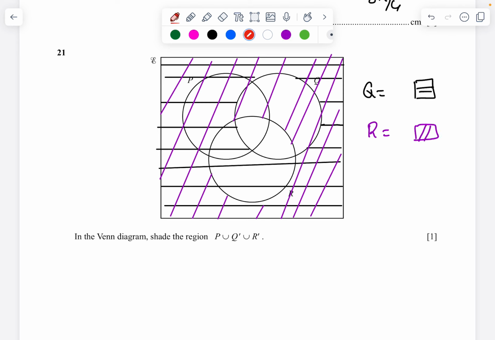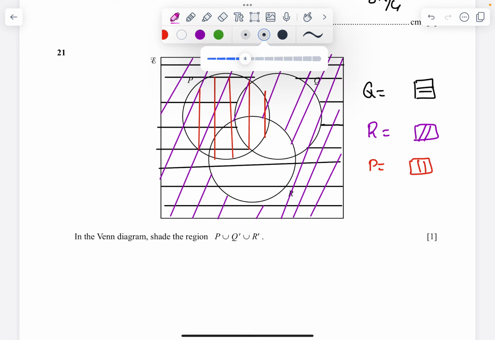Then P. P is going to be the vertical lines. Now, what is the answer? Everything except this part. That's going to be the answer.